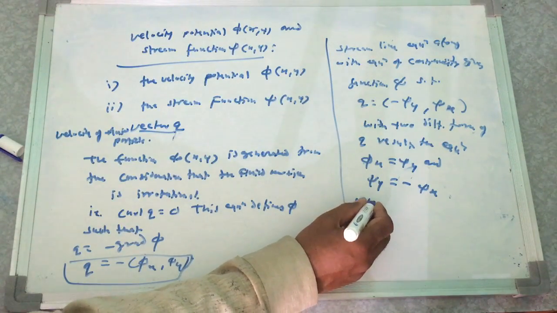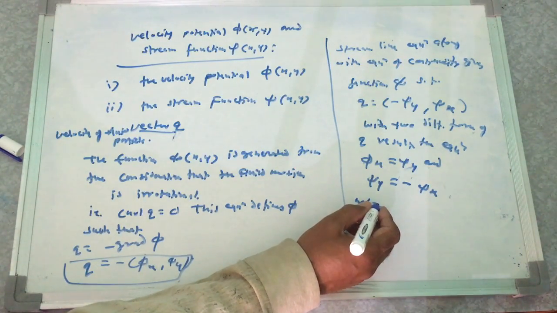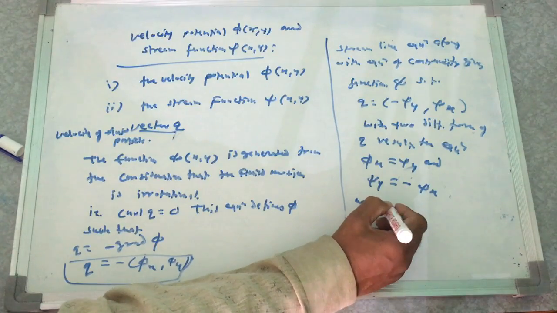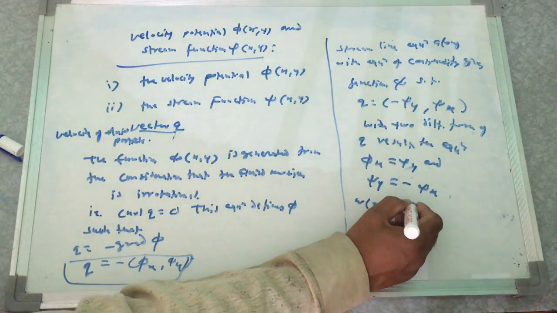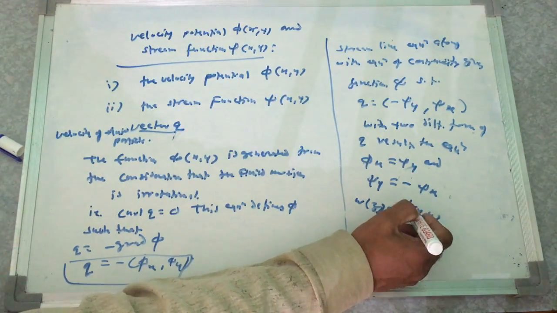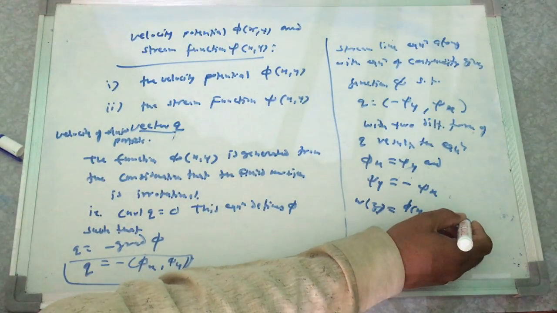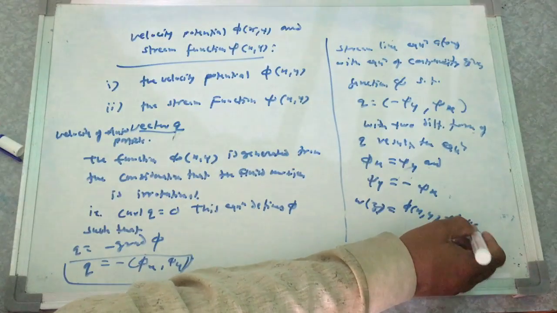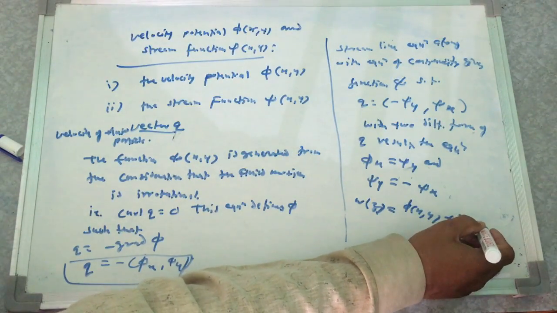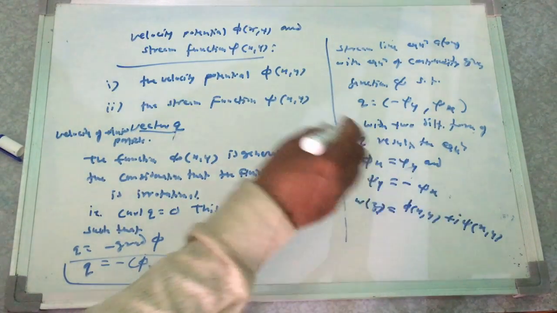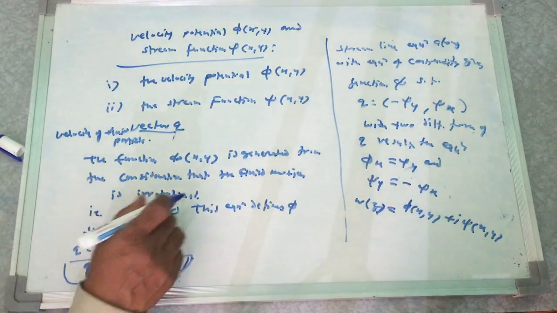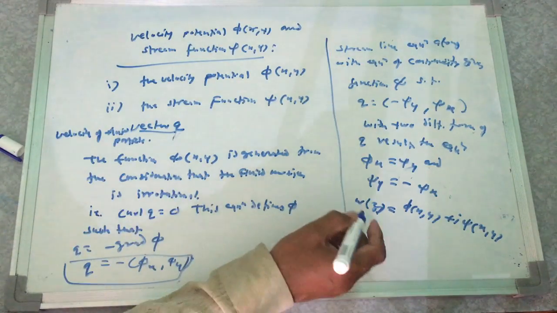This will be w of z is equal to phi of x y plus i psi of x y. The function w of z is called the complex potential.